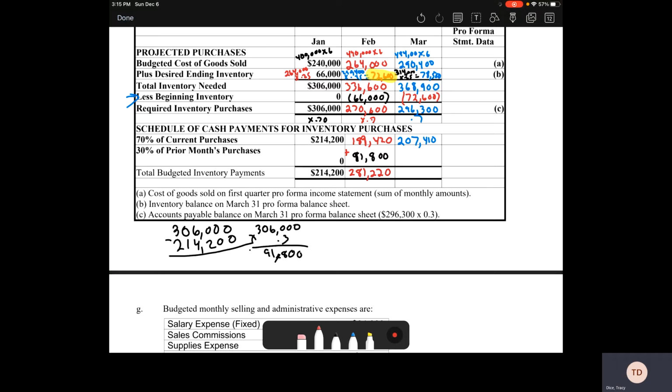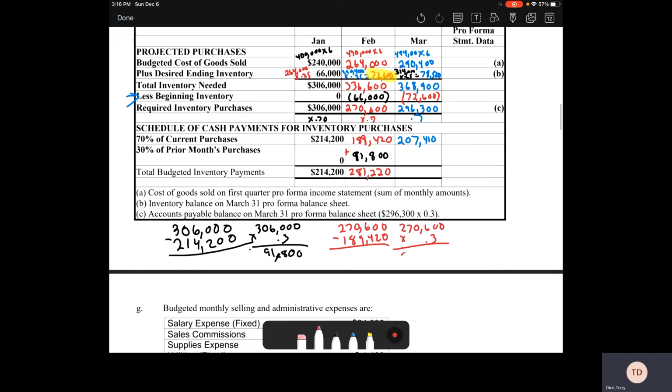So in March, we are looking at paying off February. So in February, we had 270,600. We paid off 189,420. So what's left? Or again, remember, you could take the 270,600 times 0.3 for 30% just to make sure. And you should find that what's left is $81,180.